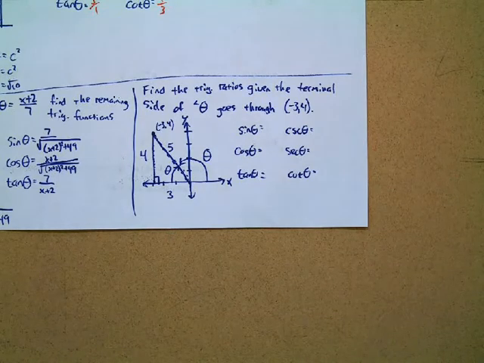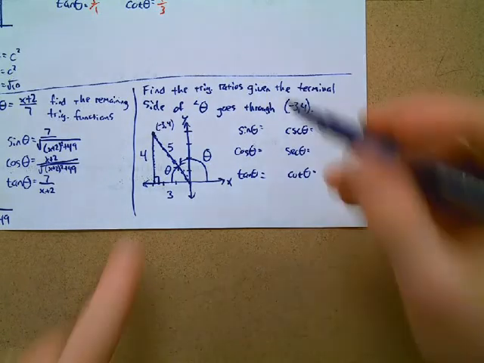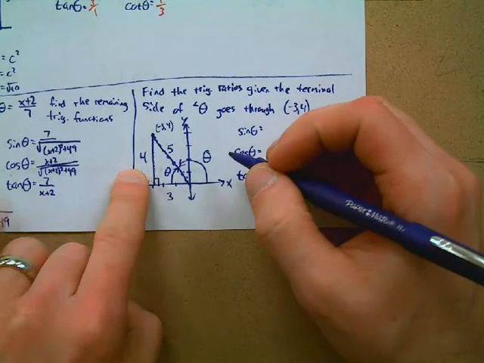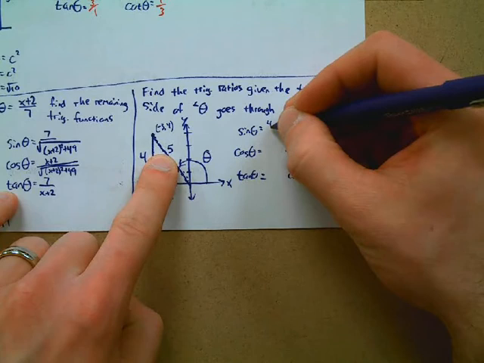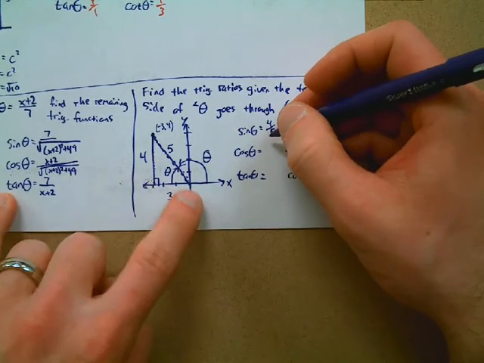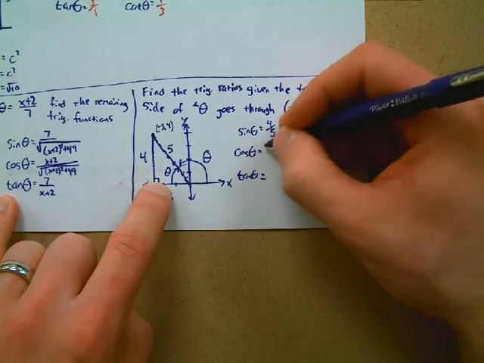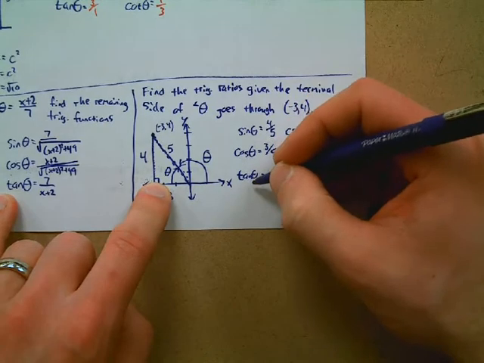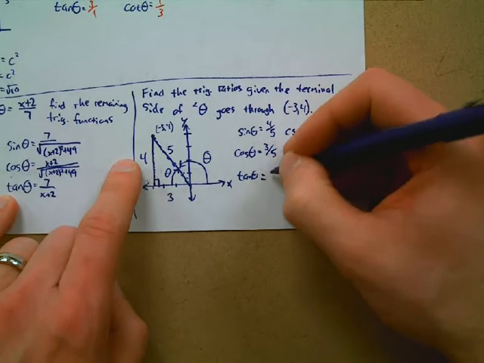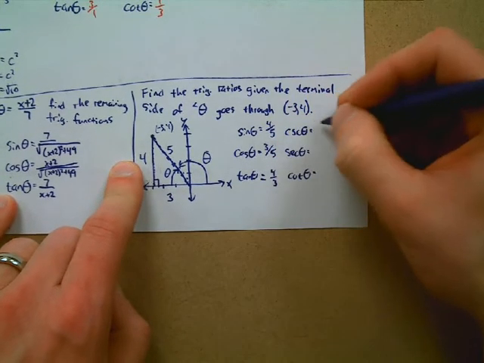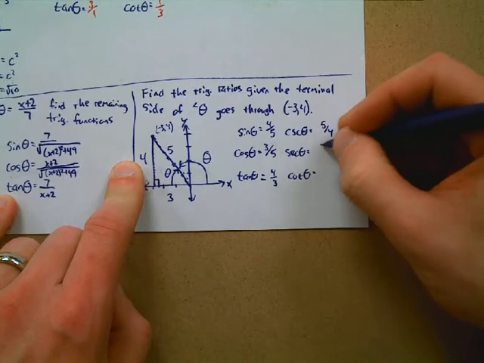Now, remember, when we use reference angles in trig, when we were evaluating on the unit circle, we had to watch out for the sign, whether they were positive or negative. In what quadrant are we located here? 2.